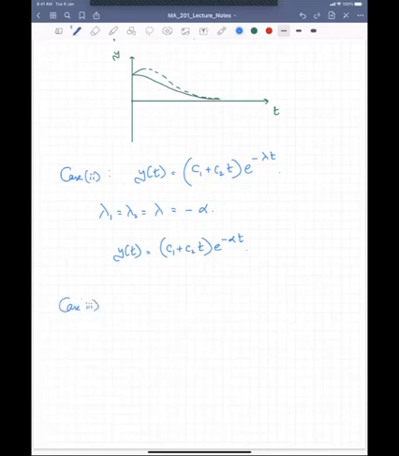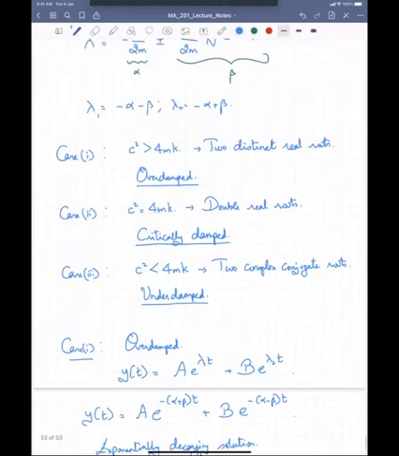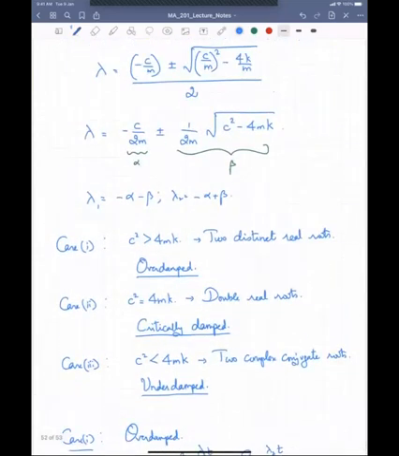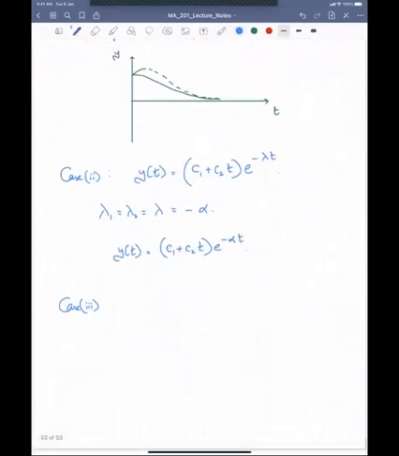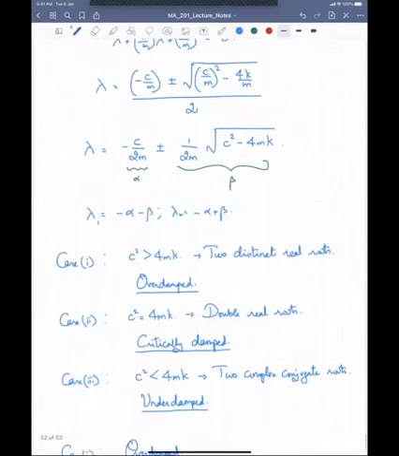And the third case is quite interesting because in this case, you have two complex conjugate roots, because this beta becomes an imaginary number. So I can write lambda as minus c over 2m plus or minus. Inside the square root, since in this case c squared is less than 4mk, I will write this as i times the square root of 4mk minus c squared.